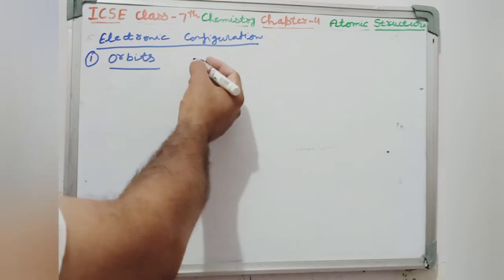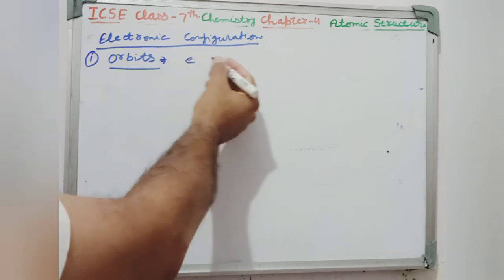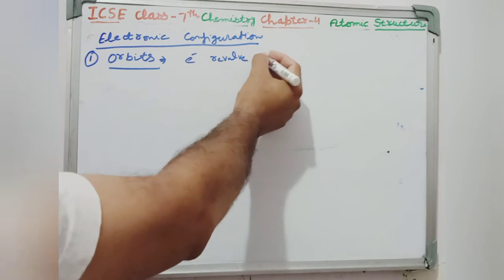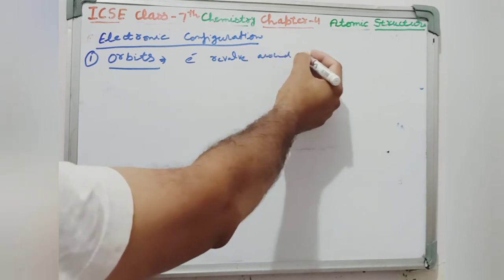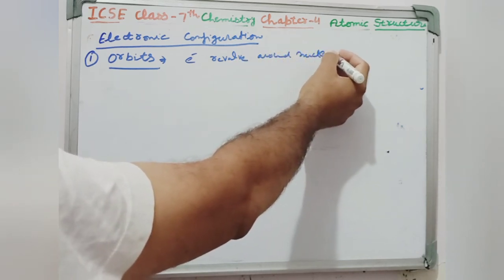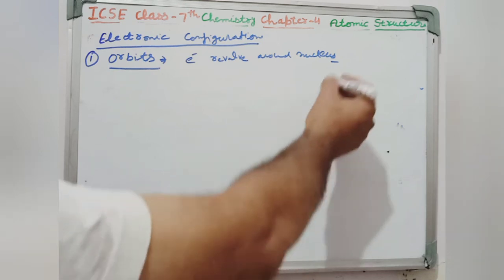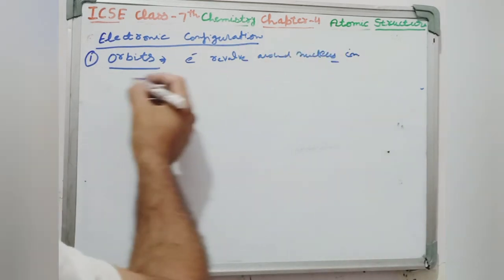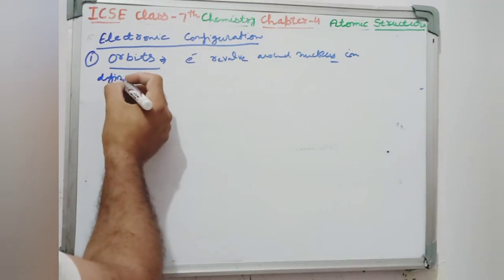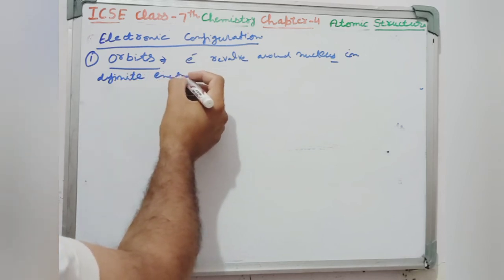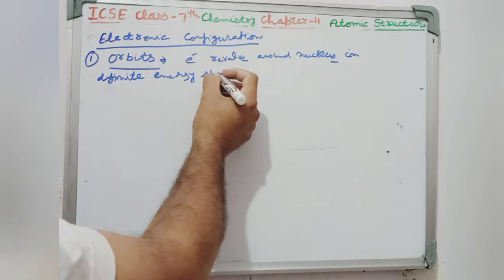Electrons revolve around the nucleus in definite energy shells.